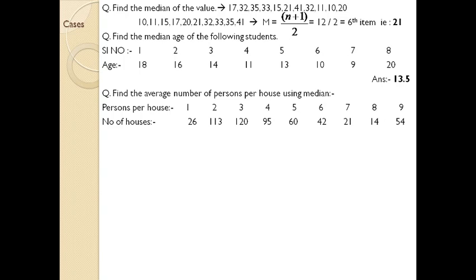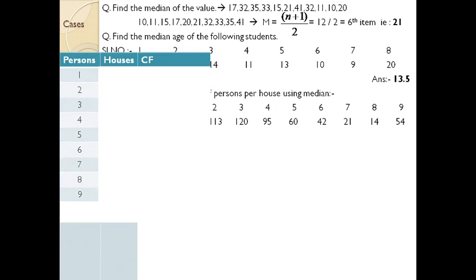For discrete series we will be dealing with some extra steps, because in the theoretical part we have discussed that, but still you will get a clear picture only once we have dealt with this problem. So regarding the discrete series, how are we going to deal with it? Let us draw the table. We know the first column represents X, meaning persons per house.